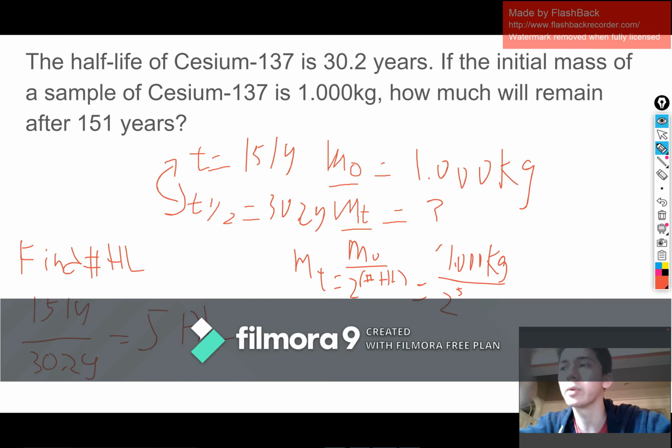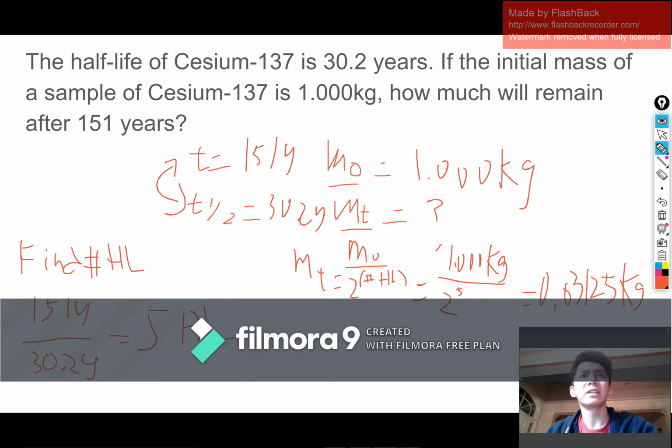I already calculated this out, and it's 0.03125 kilograms. So after 151 years, cesium-137 decays from 1 kilogram to 0.03125 kilograms.